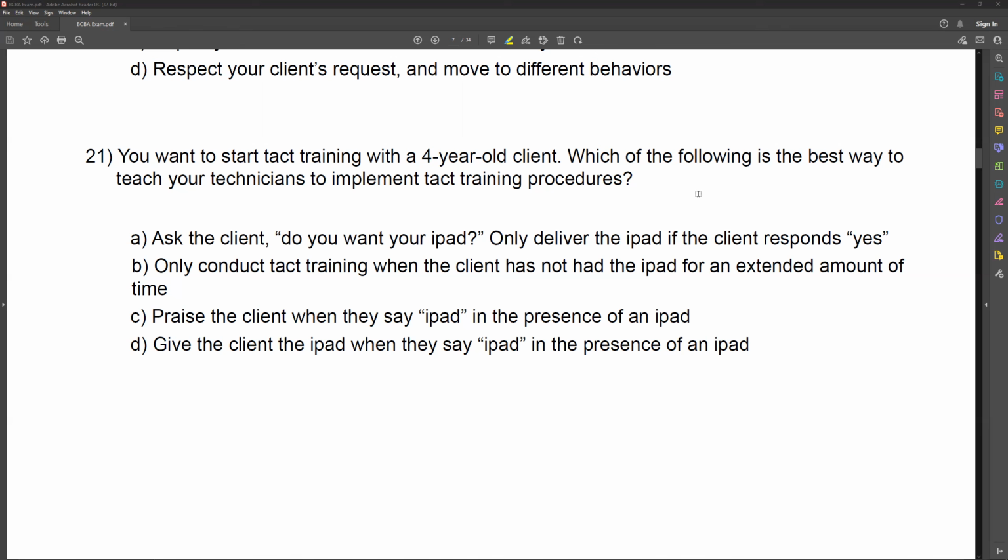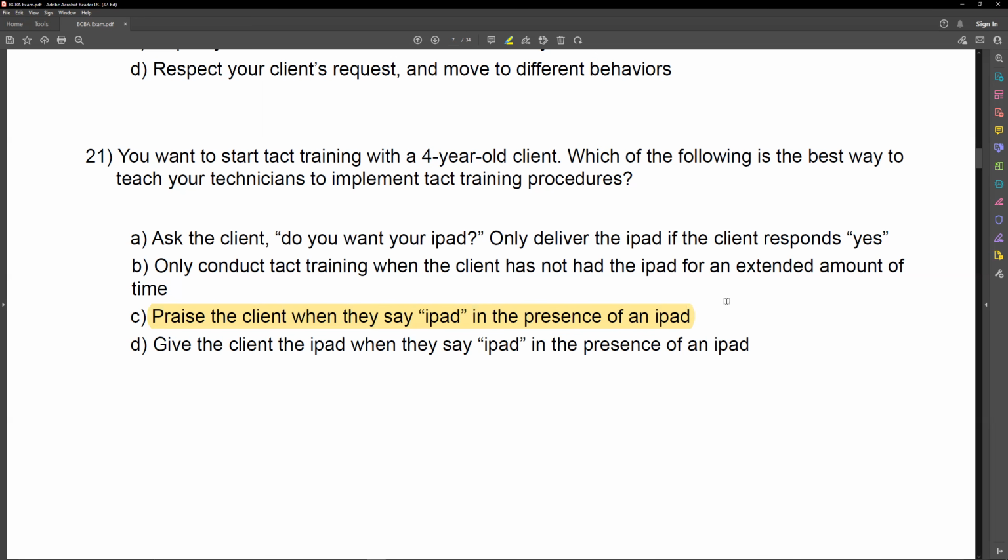C, praise the client when they say iPad in the presence of an iPad. Yes, the client saying iPad is evoked by the nonverbal SD of seeing the iPad, and then you're delivering the generalized conditioned reinforcer of praise. So C is our answer. Always read all your answer choices and look for the best answer. D, give the client the iPad when they say iPad in the presence of an iPad.